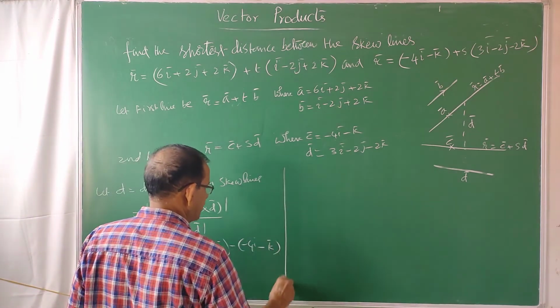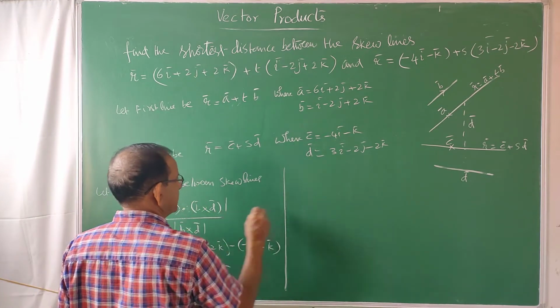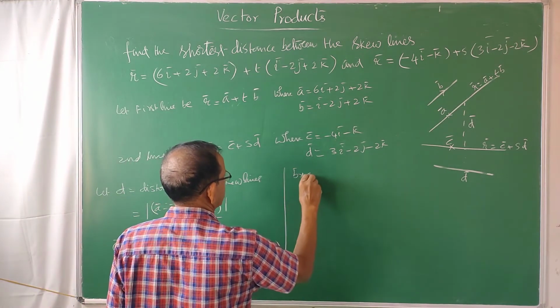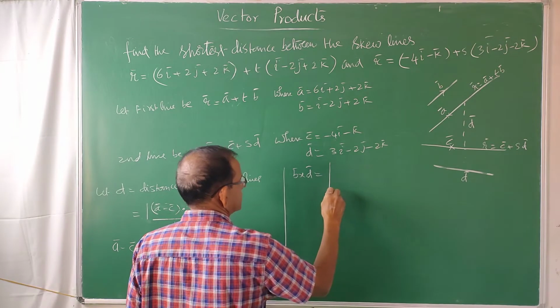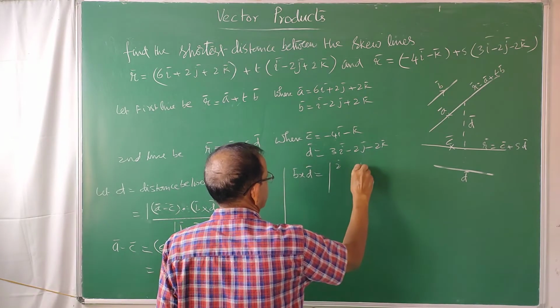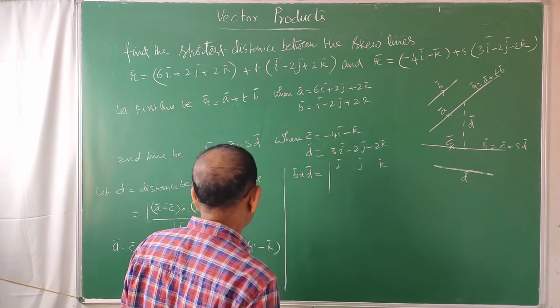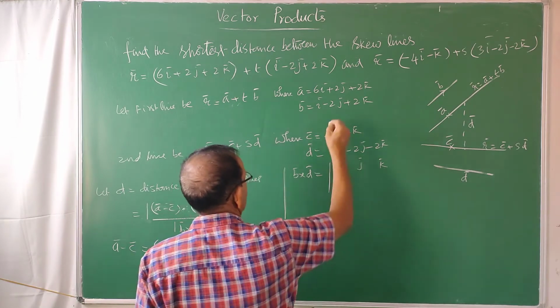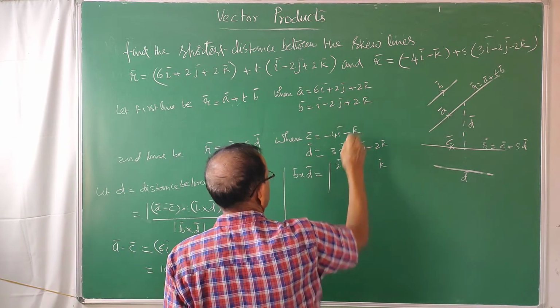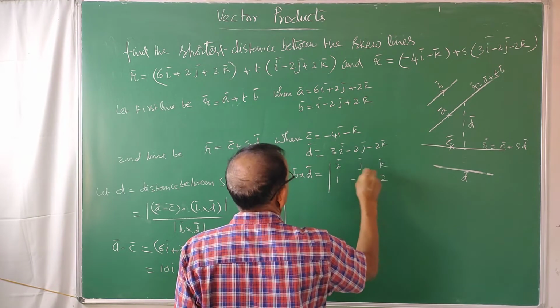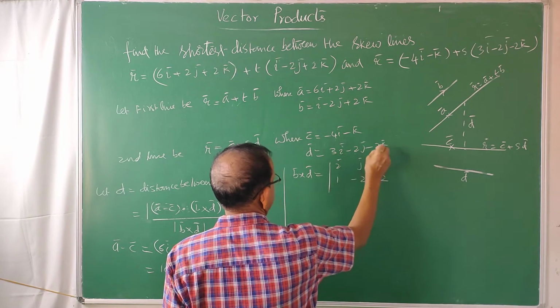Next you have to find b bar cross d bar. This is the determinant with i, j, k. First the b bar coefficients, 1, minus 2, 2. Next the d bar coefficients, 3, minus 2, minus 2.